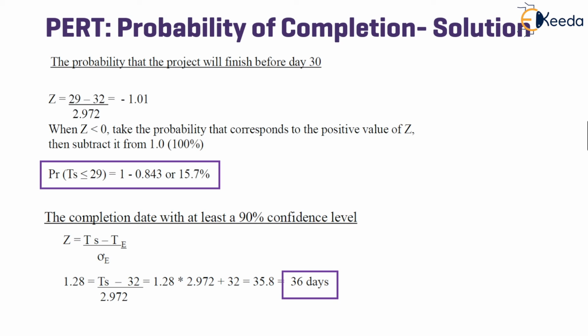We also have the project duration 32 calculated. Therefore, the formula for calculating the expected duration is shown here, and the answer comes to be around 35.8, which is rounded off to 36 days.